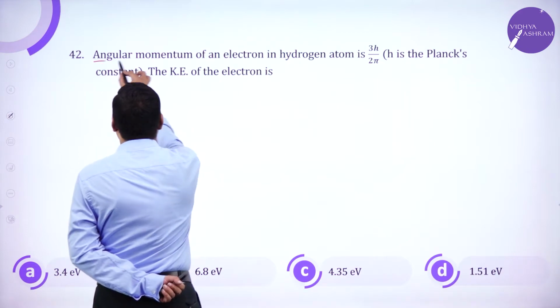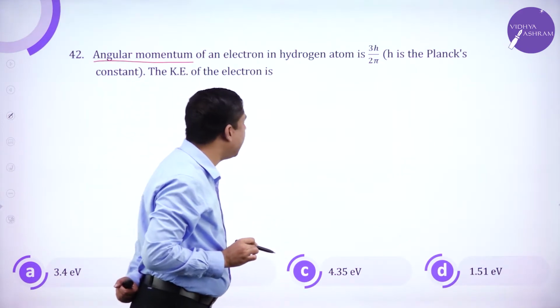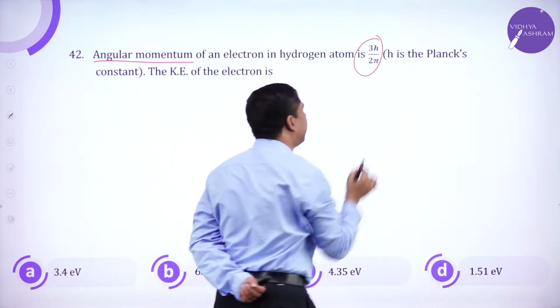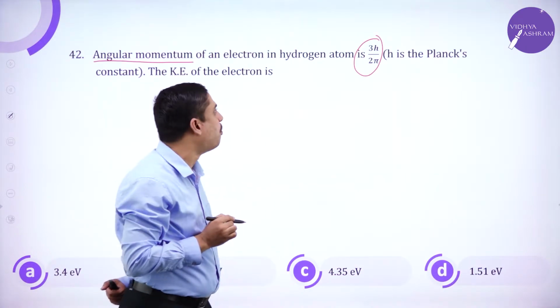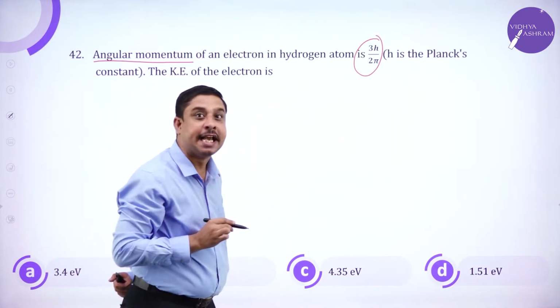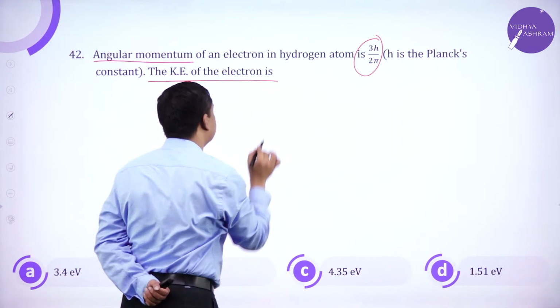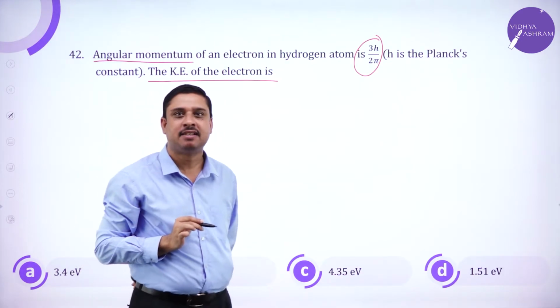42nd. Angular momentum of an electron in the hydrogen atom is 3h divided by 2 pi, where h is Planck's constant. Kinetic energy of the electron has to be calculated.